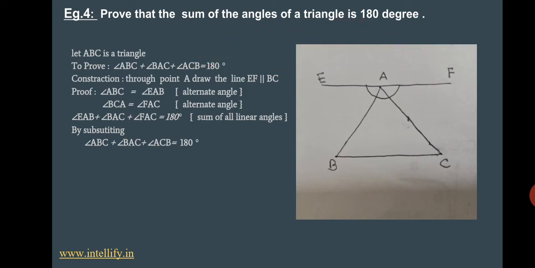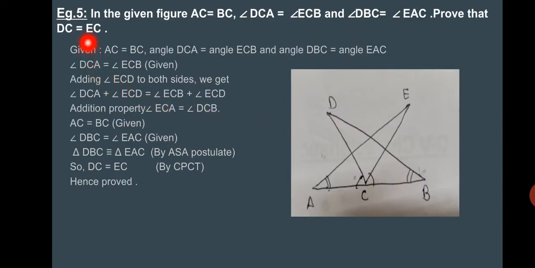Let us move towards the last question, but not least. Let us read what the question says. In the given figure, AC = BC, which means C is the midpoint of that line.